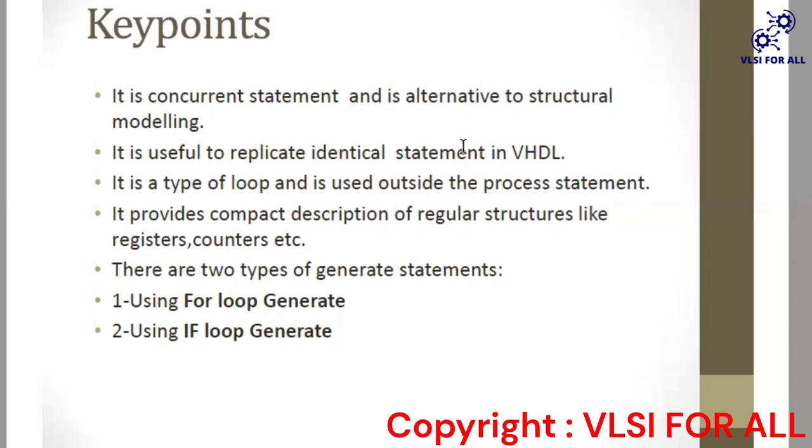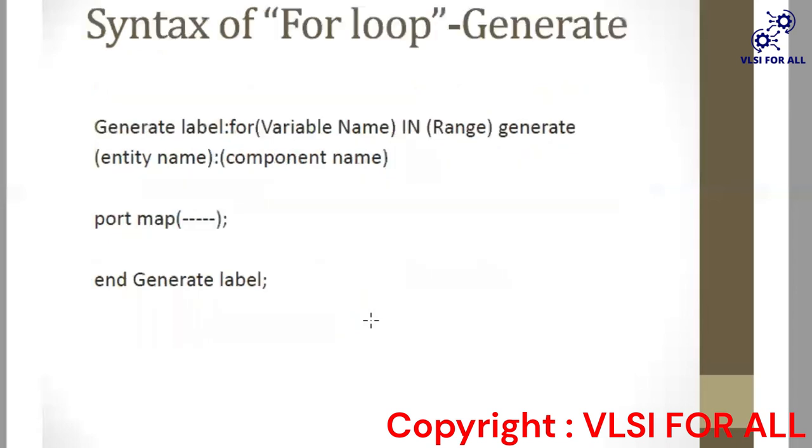Generally the loops are written inside the process statement, but this loop is always written outside the process statement, and it provides a compact design for regular structures like registers and counters. And there are 2 types of generate statement. First is the for loop generate statement, and second is the if generate statement.